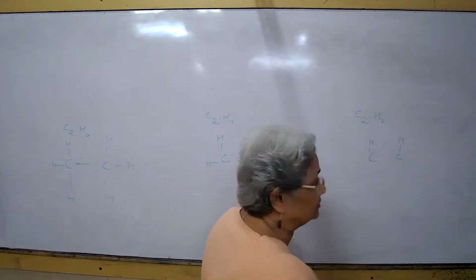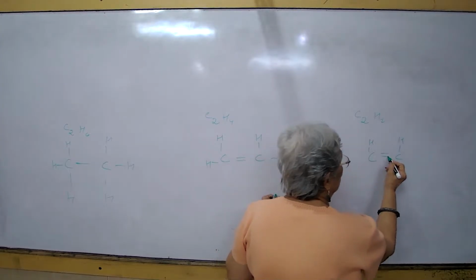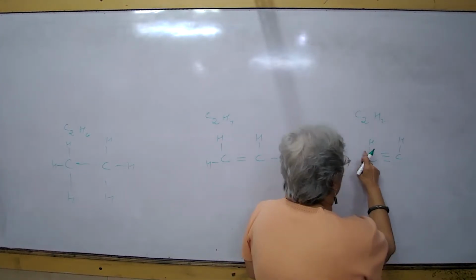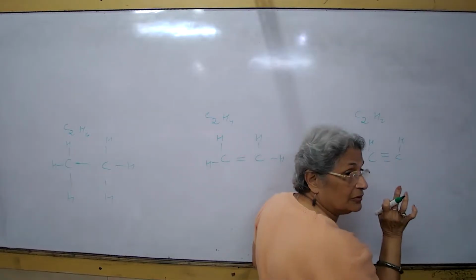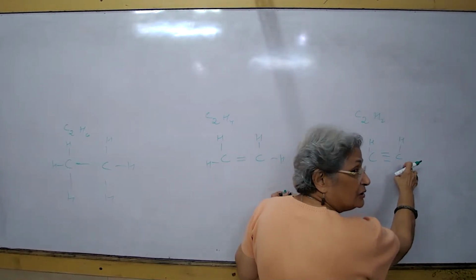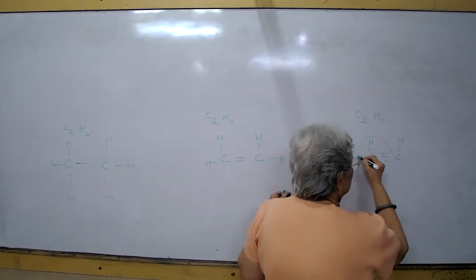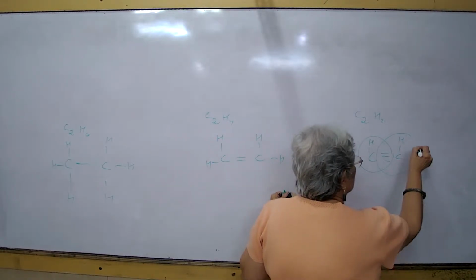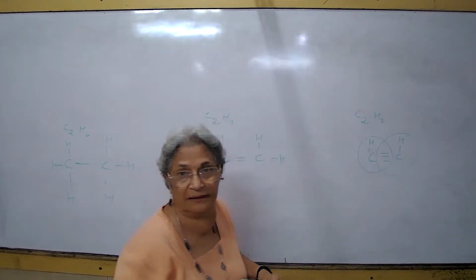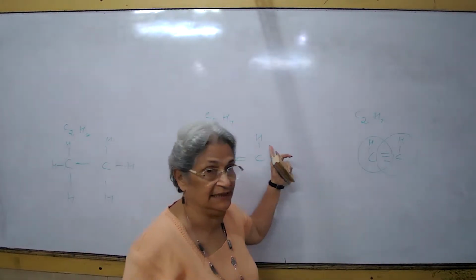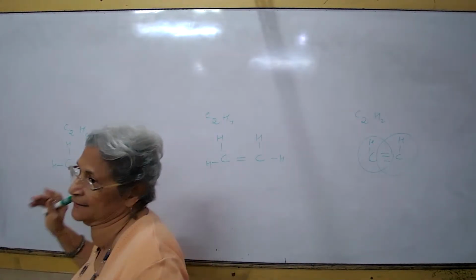Each carbon has to have 4 bonds or not? 1, 2, 3, 4, and this is being shared. Have you understood? So this is acetylene, this is ethene, and this is ethane.